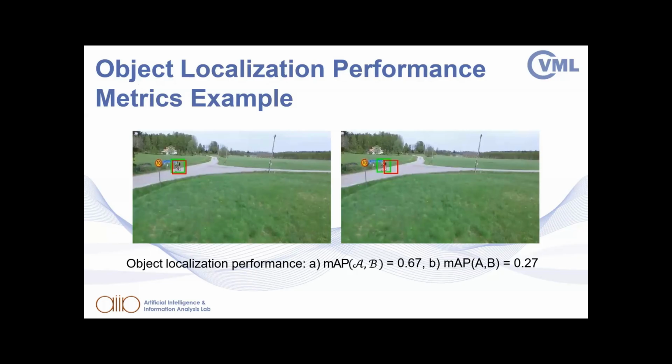The IoU score for that is 0.67, which indicates good localization performance. On the other hand, on the right image, the predicted bounding box does not closely align with the ground truth. As we see, the IoU score is 0.27, which is not a very good localization performance.